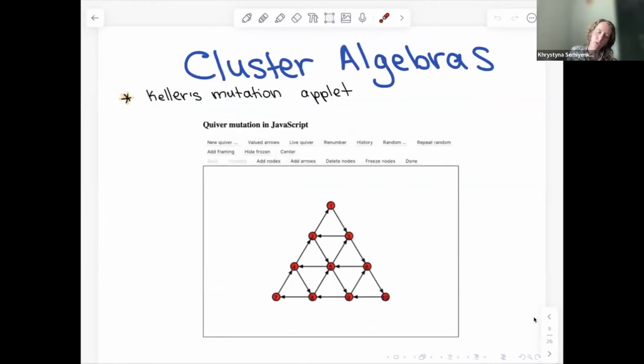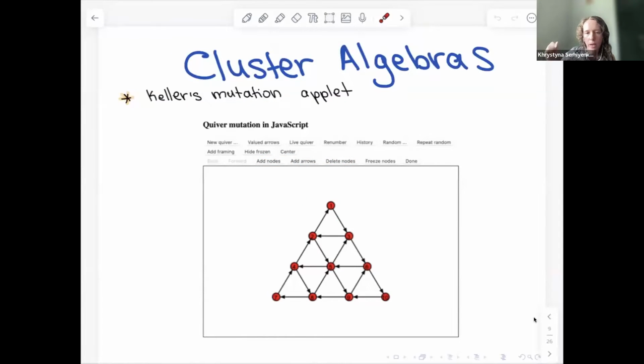Right. And as a last thing, if you're not very familiar with cluster algebras and you just want to do some examples, there's this very nice applet developed by Bernhard Keller, and you can just search Keller's mutation applet on Google and click on the first link, hopefully, and you'll get to the right page. This applet allows you to build the quiver, add nodes, add arrows, delete nodes as needed.